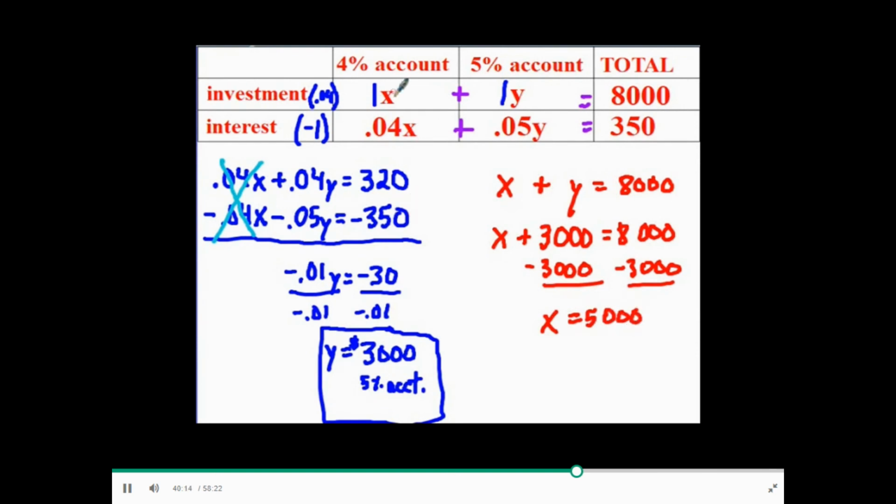Going back up to the top, X is the investment in my 4% account, so this means that I have invested $5,000 in my 4% account. And we have solved that problem.